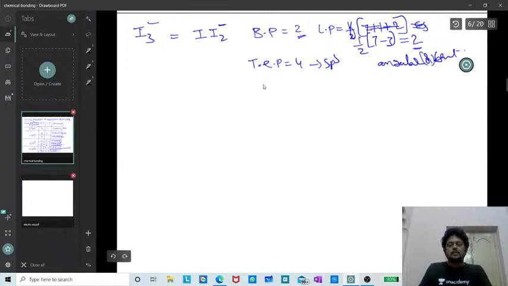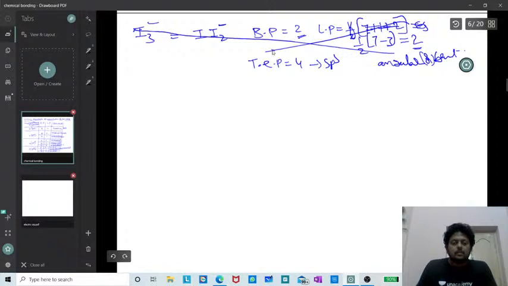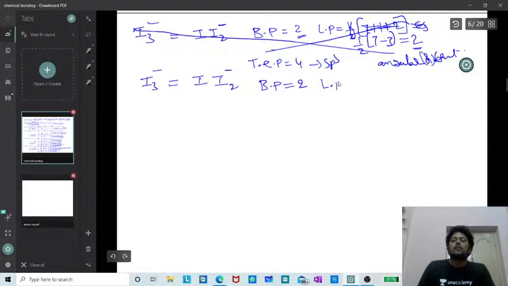Sorry, not that one. Again, I am giving this I3 minus. Central atom, this one. Number of bond pairs, surrounding atoms, bond pairs is equal to 2. For lone pairs, the formula is half into valence electrons of the central atom. If it is a negative charge, you have to use the plus symbol.